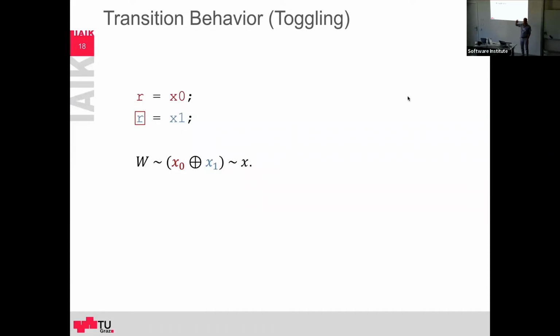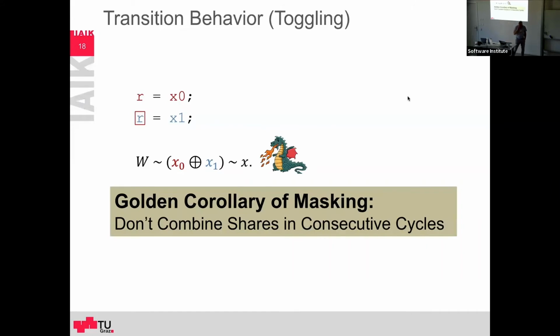If they're different, the power usage is 1, because it's precisely the XOR of x0 and x1, which is precisely what we didn't want. So, apart from the golden rule of masking that you cannot combine shares, I now have a golden corollary, which is you cannot combine shares in consecutive clock cycles. That's time.